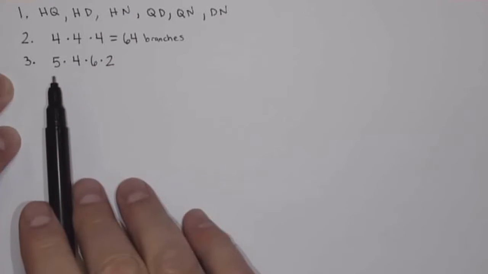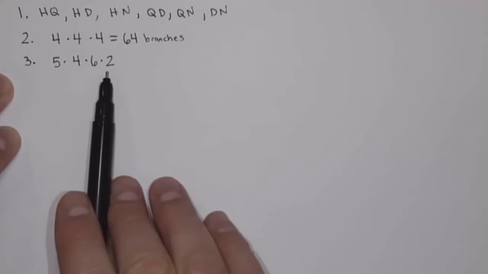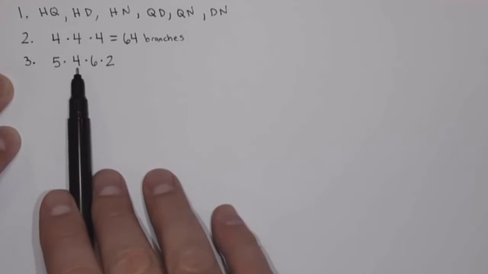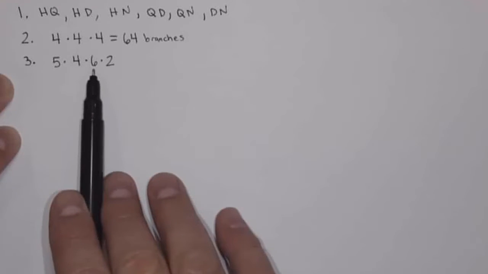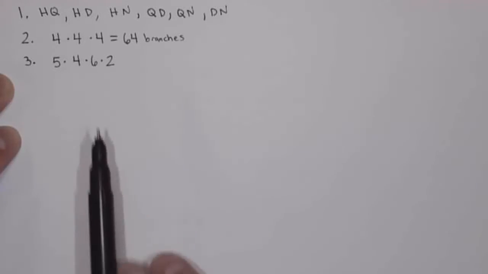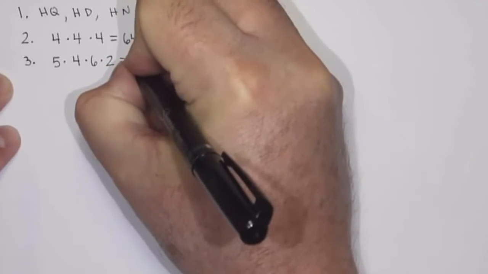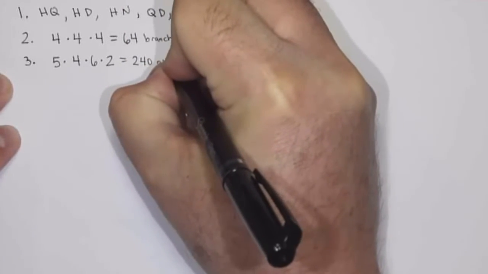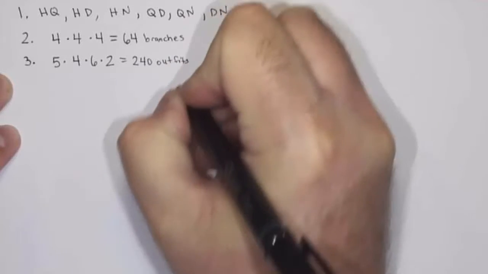So there's going to be 5 times 4 times 6 times 2 different outfits that are possible. And so if we multiply that out, 5 times 4 is 20, 20 times 6 is 120, and 120 times 2 is 240. So there would be 240 different outfits that would be possible.